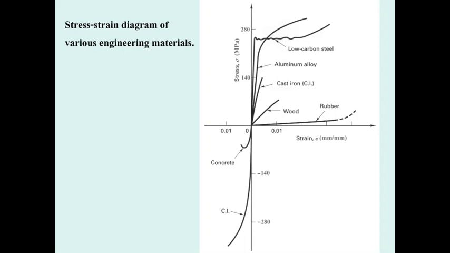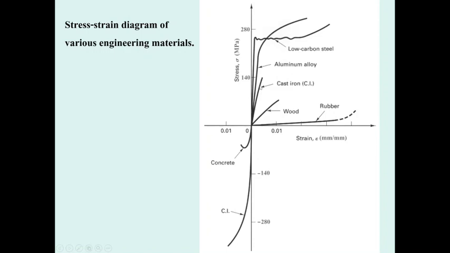And next, comparing the elasticity. The elasticity of the low carbon steel occurs at its yielding point. Okay, it's about this. The aluminum alloy has the yielding point about here, and then you can project down here.